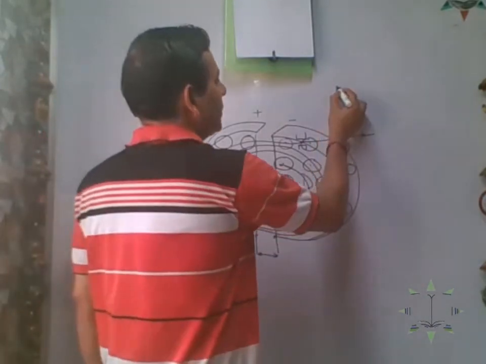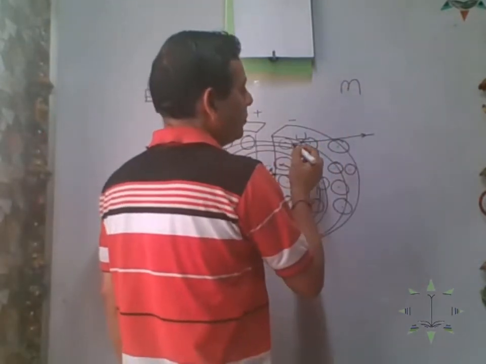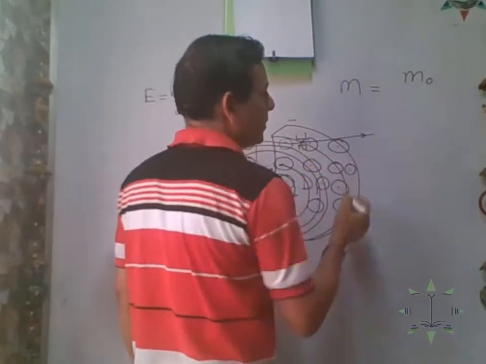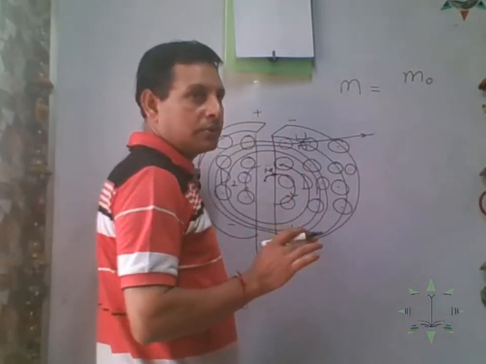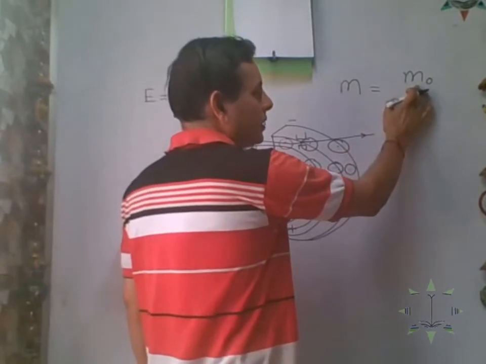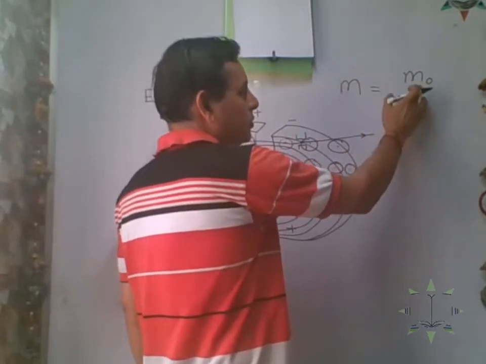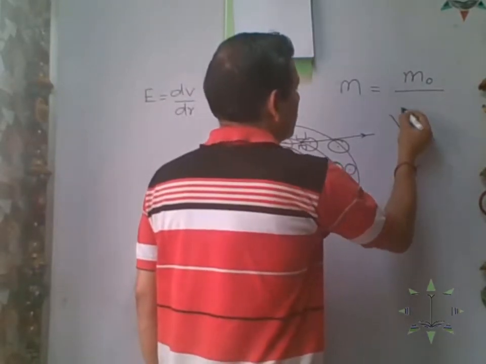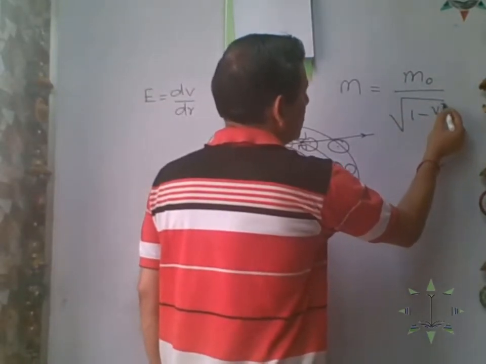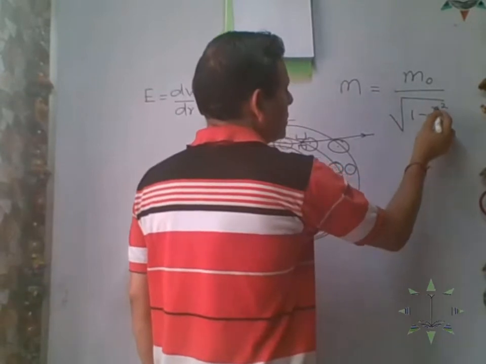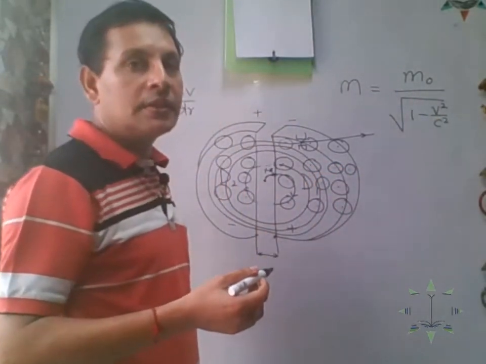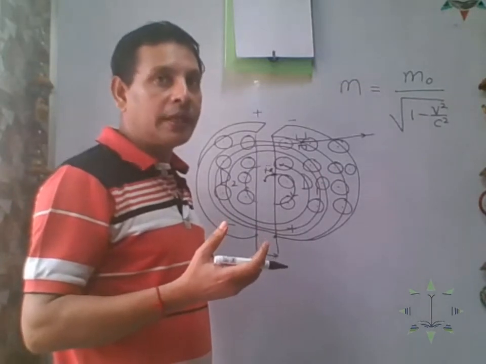The mass of the particle when the velocity is v is given by the mass when its velocity is 0, that is the rest mass, divided by the square root of 1 minus v square by c square. Here v is the velocity of the particle and c is the velocity of light.